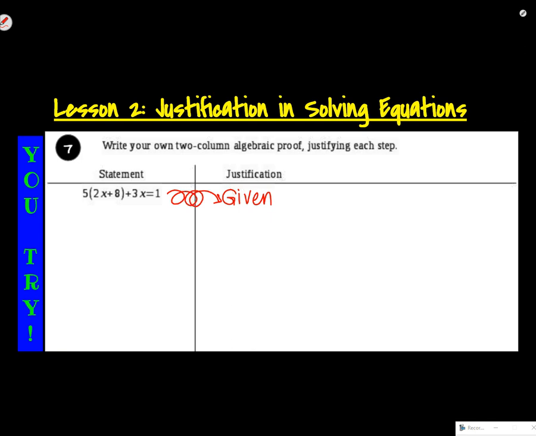All right. So we have our given problem, and now we have to figure out what our next step is. And if we think about that, don't call me after midnight. The D stands for the distributive property. Do I have any distributive property? Oh, I do.